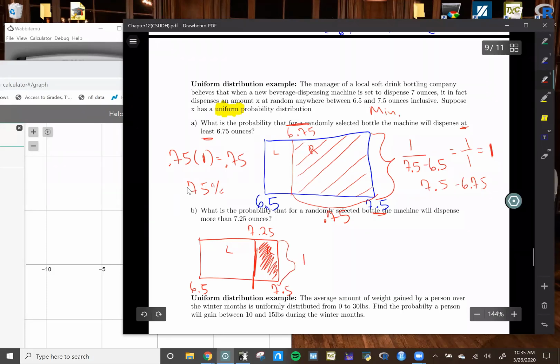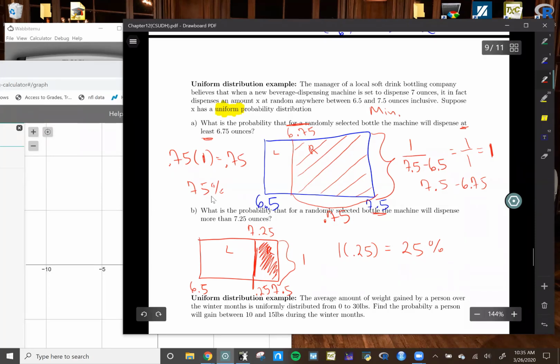It should be 0.25. So I know the base is 0.25 and I know the height is 1. All you have to do is 1 multiplied by 0.25 and you get 25%. And you're done. Nice. Any question for B?